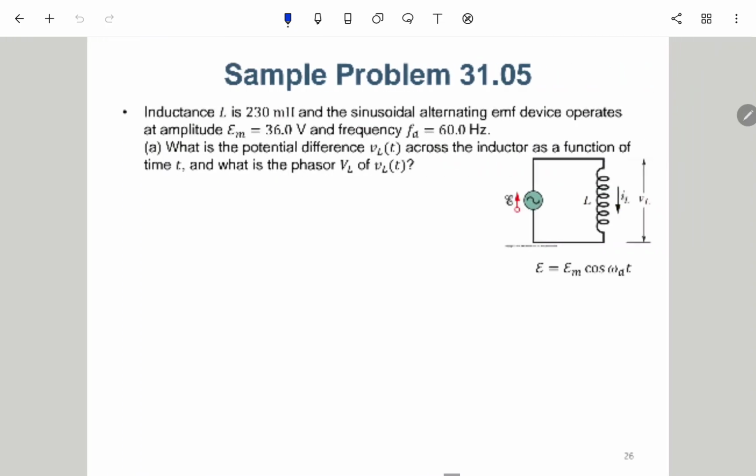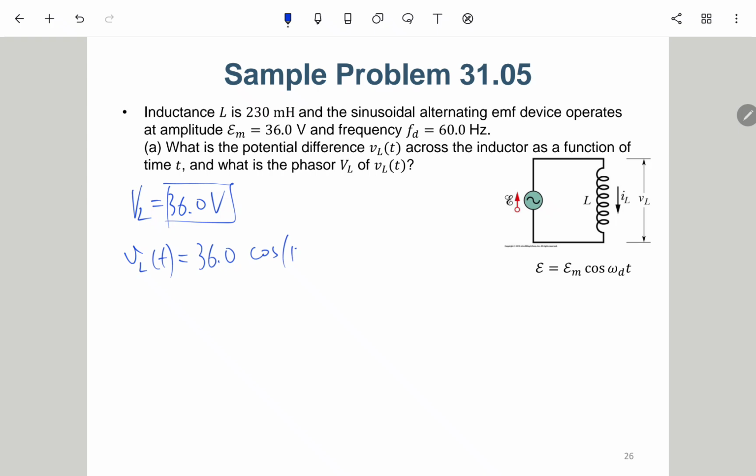And we also have another one for the inductor. The first one also asks what is VL of t. VL is 36.0 volt, just as before. VL of t is 36.0 cosine 120 pi t volt, the same as the previous.